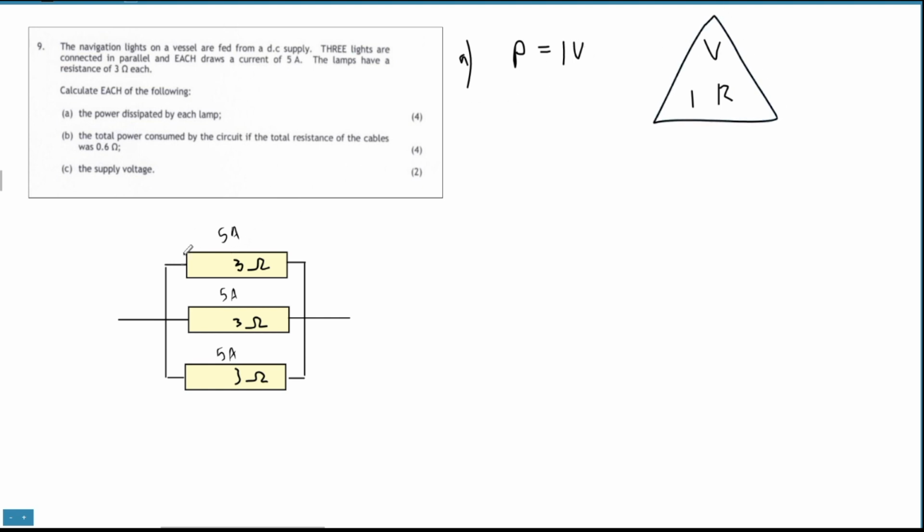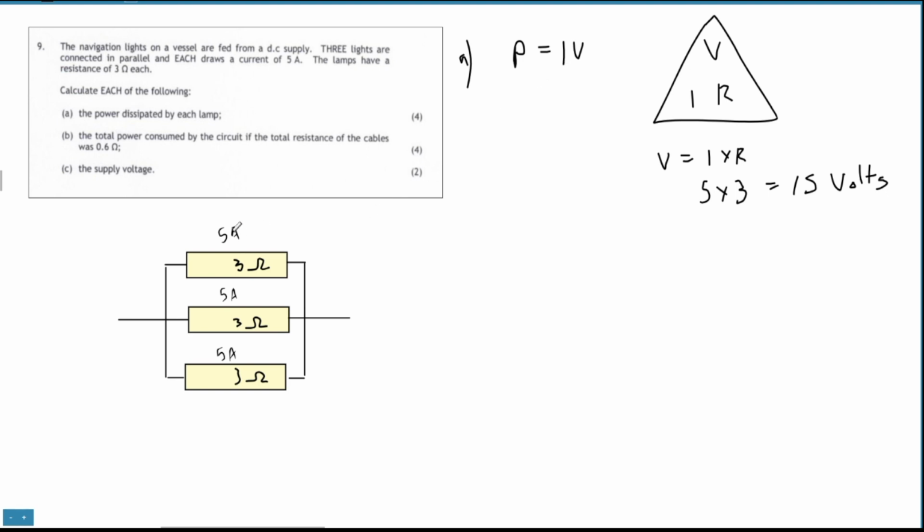But of course we can find the voltage drop across each component by using Ohm's law. So the voltage drop is going to be equal to I times R. We've got the current as being 5, that's the I, and then the resistance is 3, so this will be 15 volts. This is the voltage drop across each component. So we can plug that in.